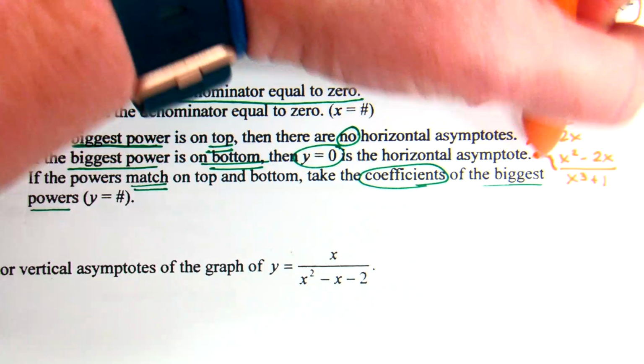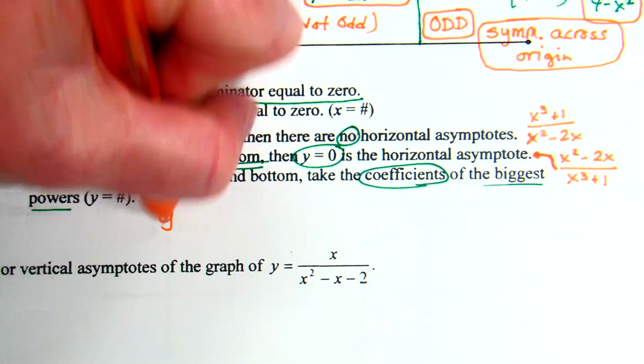Now, I want to show one that's matching. I'm just going to put it right here. 3x cubed over 4x cubed plus 1. What do you notice? The biggest powers are both 3. So it says to take the coefficients if the biggest powers match.